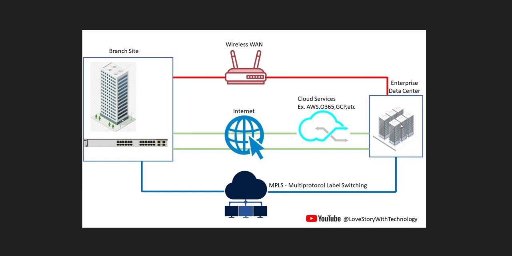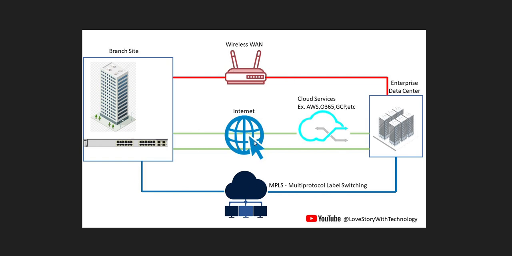It simplifies our network management and enhances performance by leveraging software to control traffic across multiple types of connections. You can see the multiple types of connection, including broadband, internet, leased lines, MPLS. You can see the internet, MPLS, multiple lines you can see here.